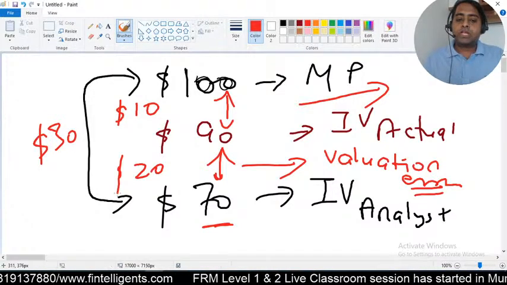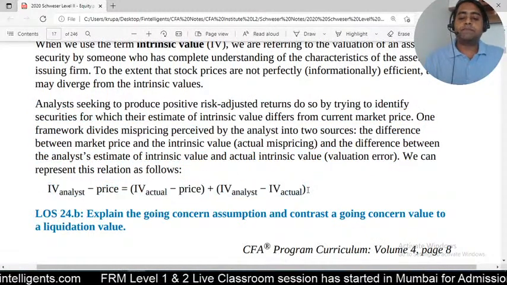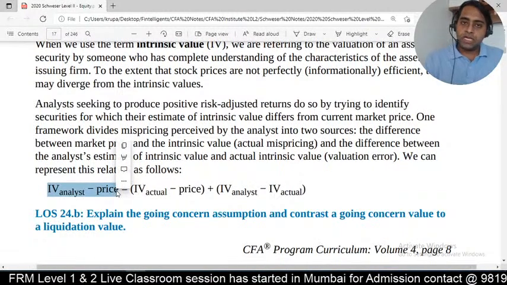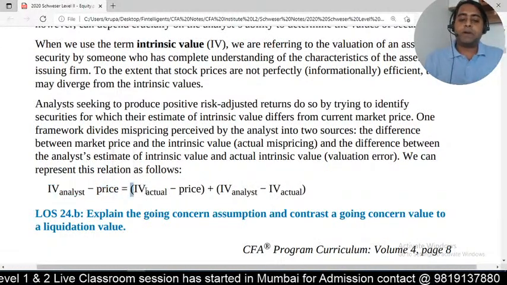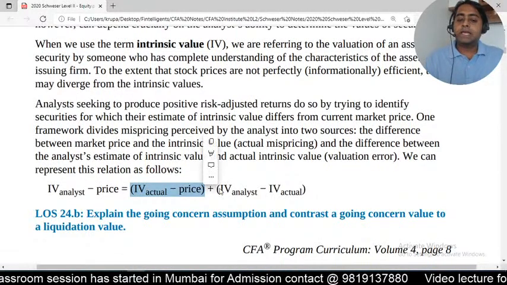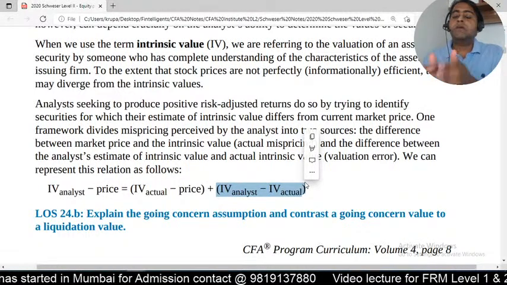Simple. So it is summarizing that the actual difference of $30 comes in two parts. The first part is a $10 difference, which is called actual mispricing, and the second part is a $20 difference, which is nothing but the valuation error.